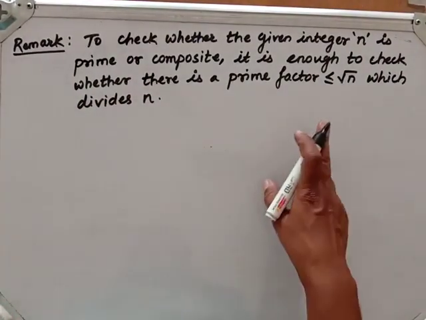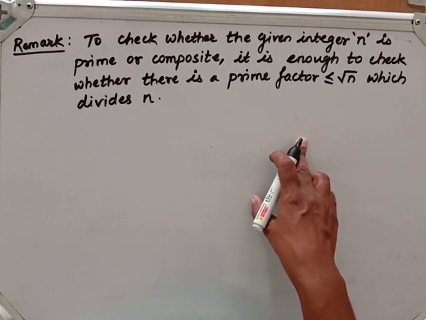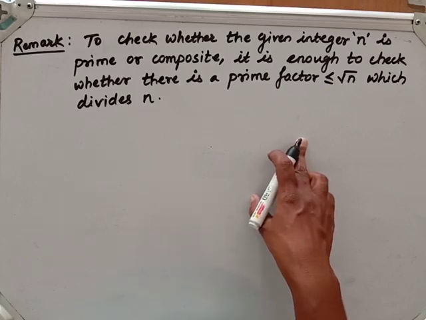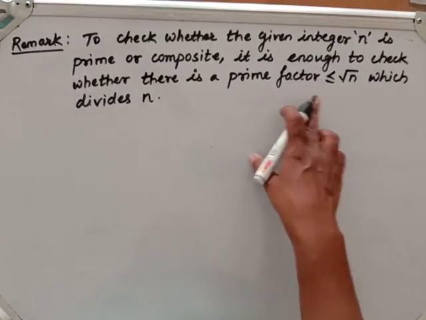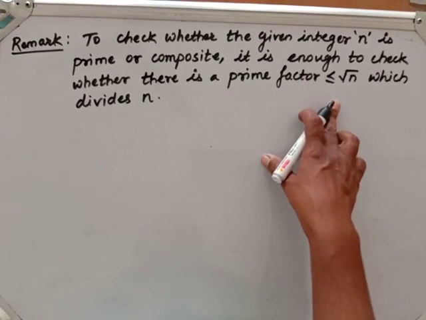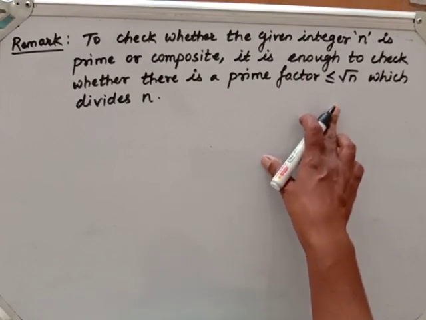To check whether the given integer n is prime or composite, it is enough to check whether there is a prime factor less than or equal to square root n which divides n.